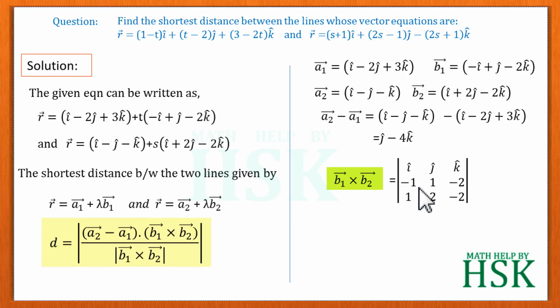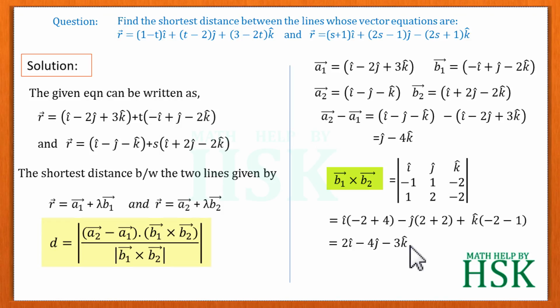Simplifying, this will be equal to 2i minus 4j minus 3k. So now we have calculated the value of b1 cross b2.